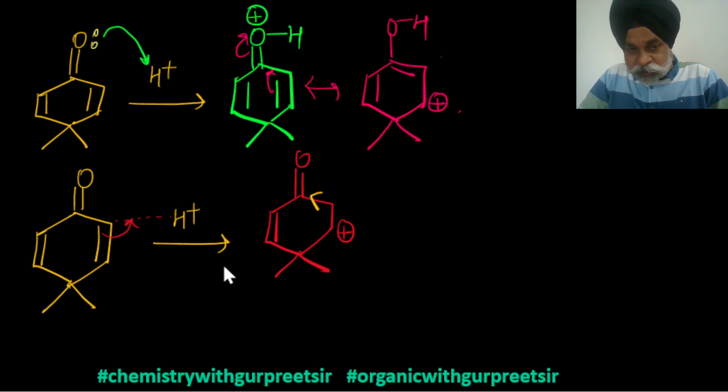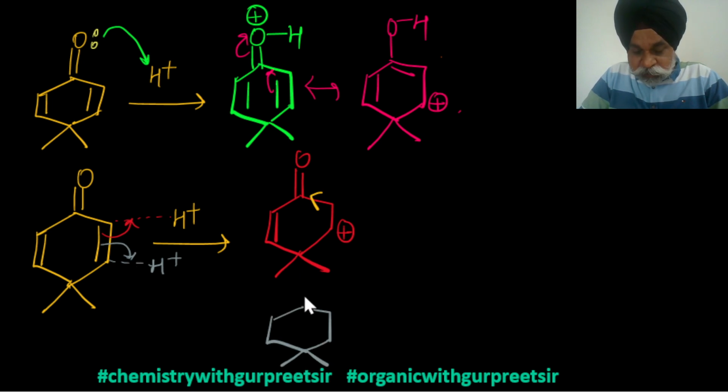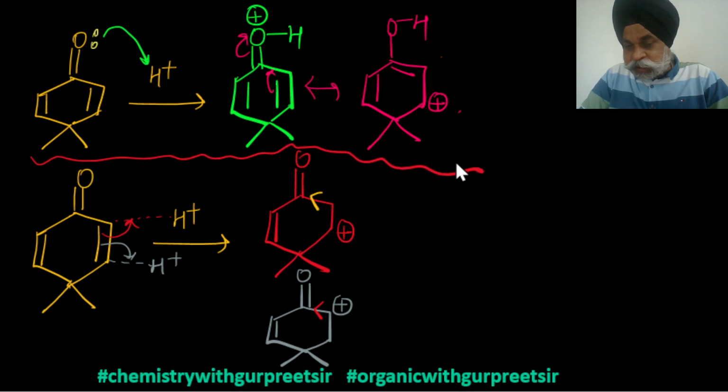Or someone else can attack the H positive onto this side of the pi bond. In that case, the carbocation would be even more unstable because the positive charge went close to the carbonyl group. So this is highly unstable. So to begin with, it seems that the reaction would go from this direction.